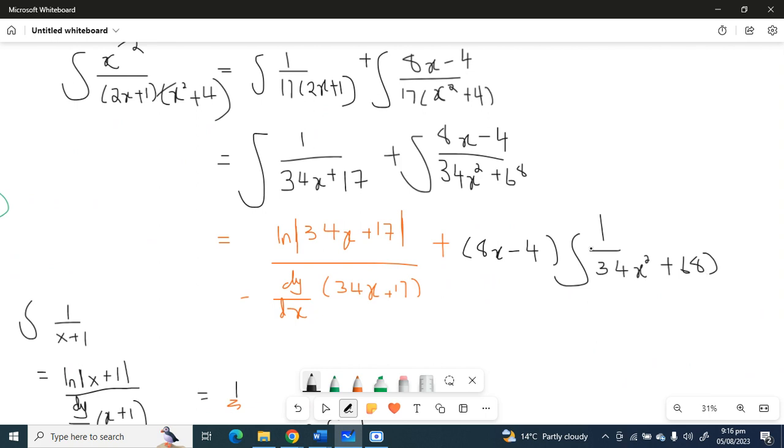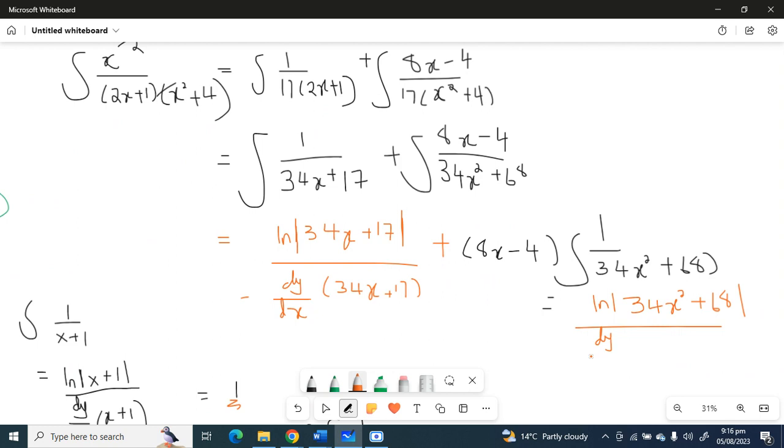All right, then we integrate. So we say that we have to get the natural log of the denominator. So natural log of 34x squared plus 68. Natural log of the denominator, then you derive the denominator.